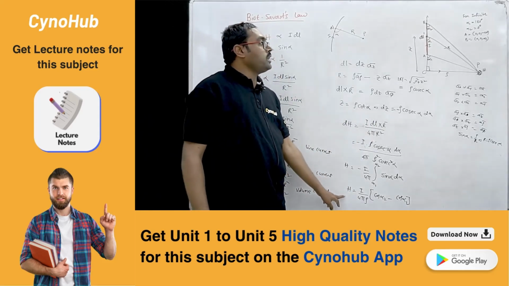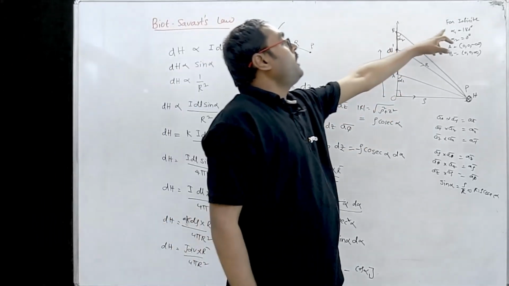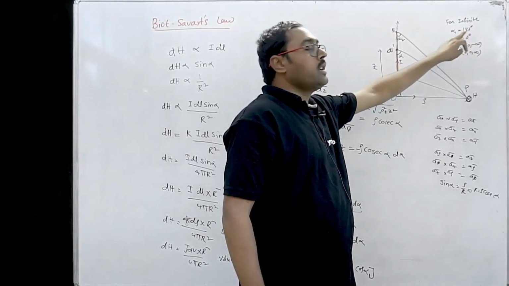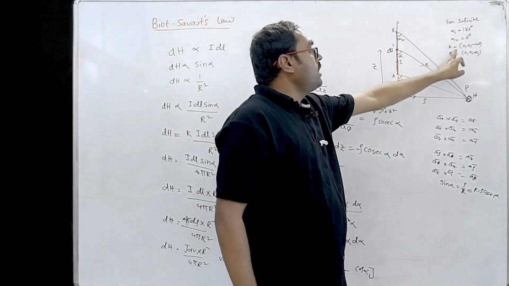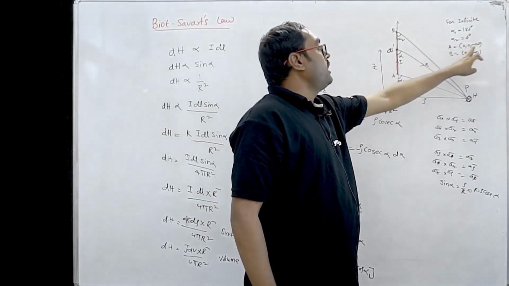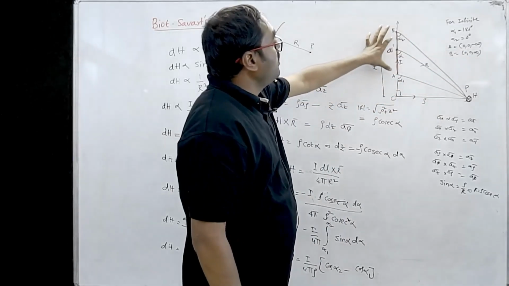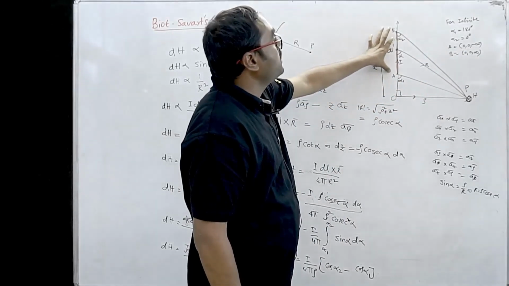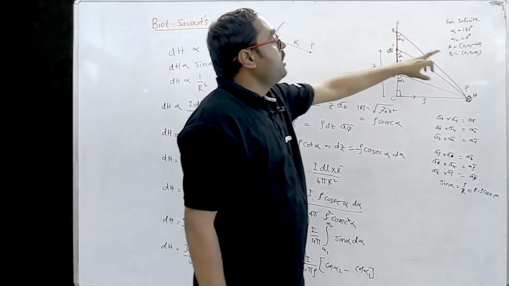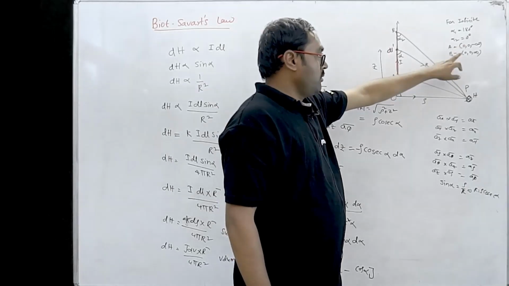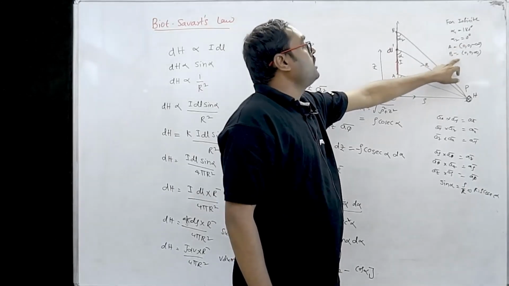If we apply the infinite conditions for an infinite line, alpha 1 is equal to 180 degrees and alpha 2 is equal to 0 degrees, where A is 0, 0, minus infinity and B is 0, 0, infinity. This means along the z axis from minus infinity to plus infinity. This condition should be satisfied for the infinite line current distribution.